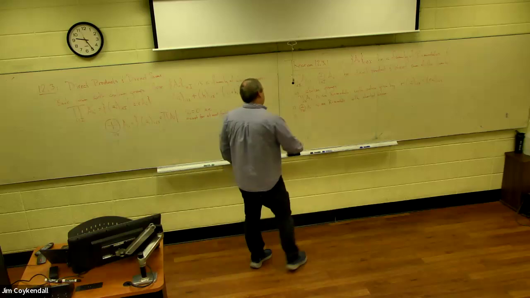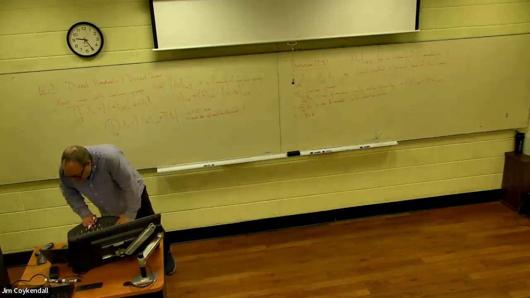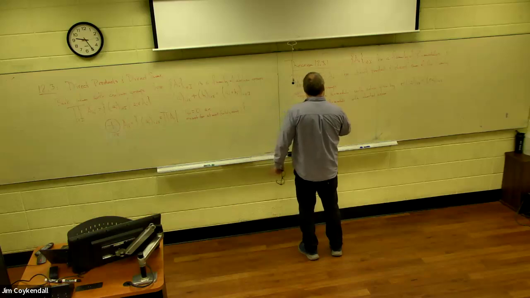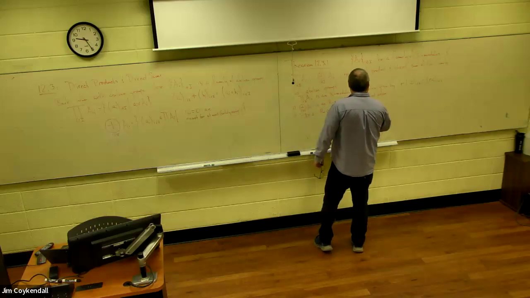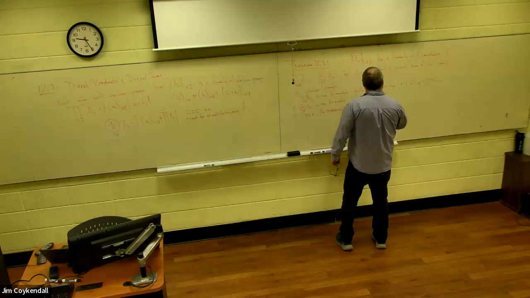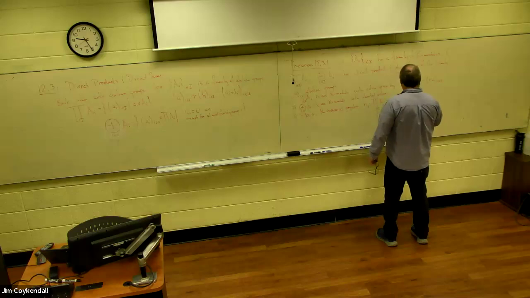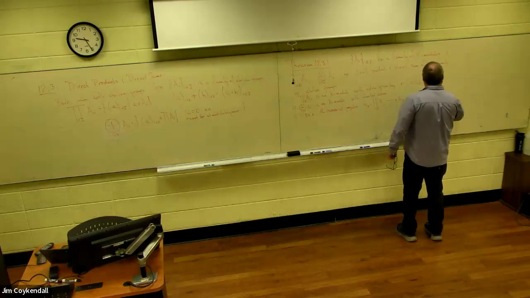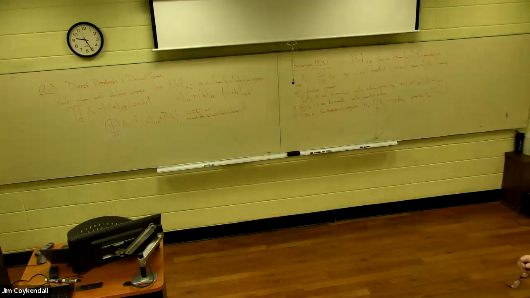For all k in the index set, the canonical projection, we'll call it pi_k, given by... What's the most natural way that you can think about this map working?